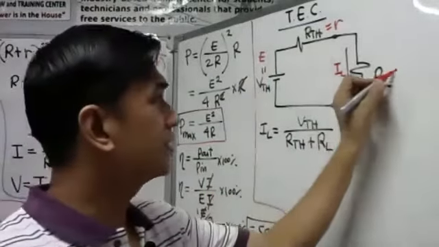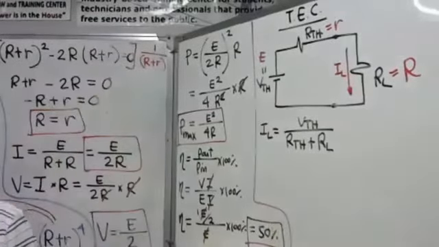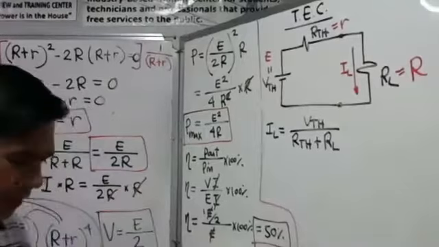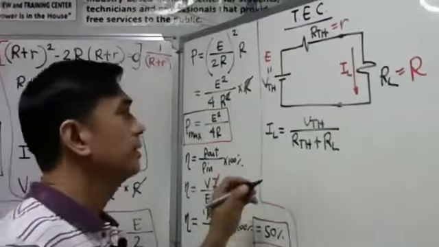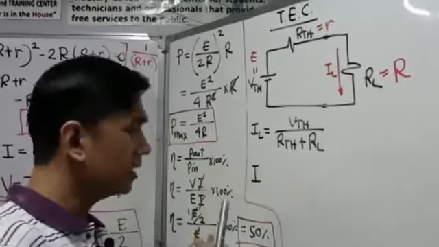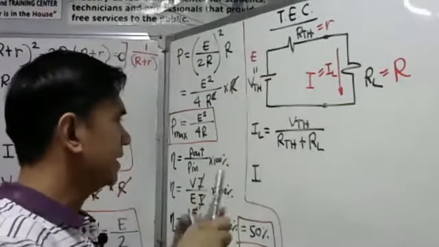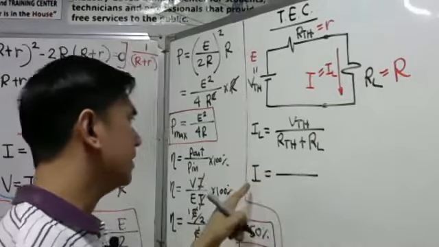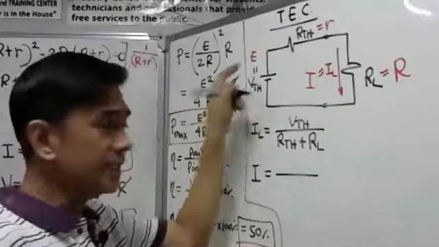Our RL, of course, is simply our big R from our equation before. So, therefore, if I'm going to make this an equation, what will be our current I or IL? Before, our IL here is simply our I. So our I will be equal to VTH. What is our VTH? Simply our E.